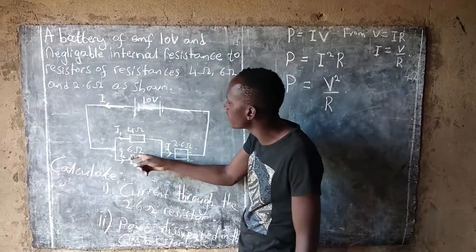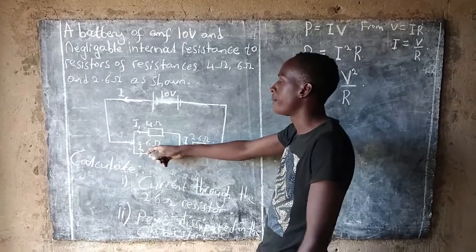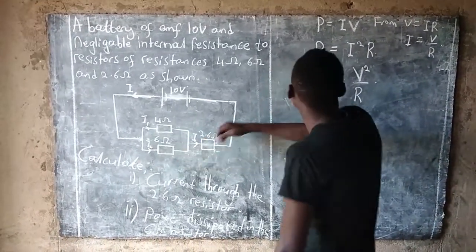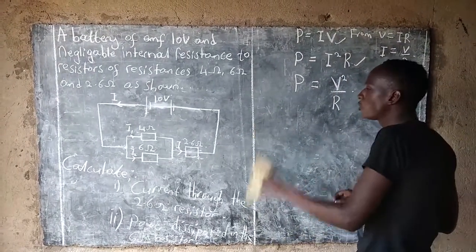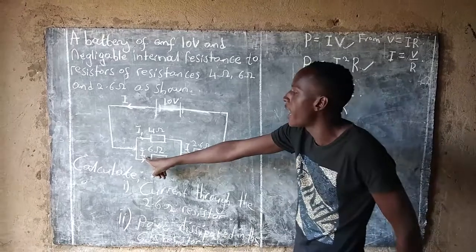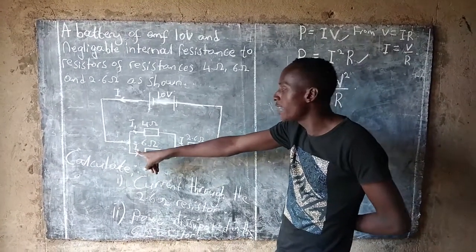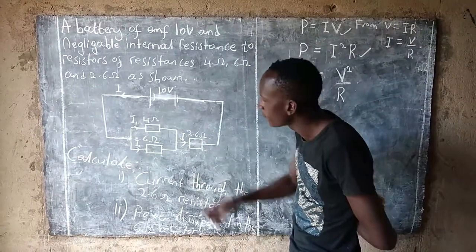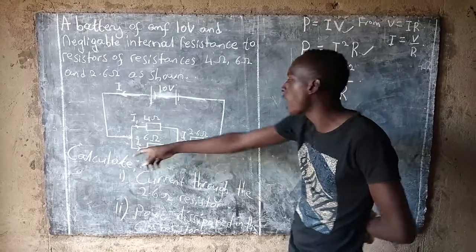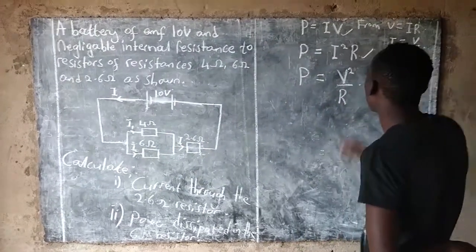If you want to use any of these, the I you have to use has to be I2, not I1 or the main I, because through the 6 ohm resistor, it is current I2 which is passing there.